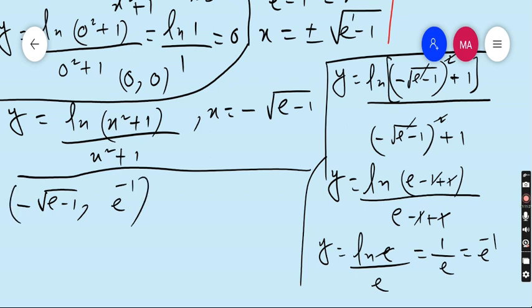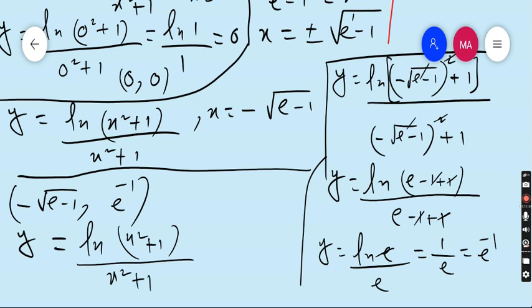Now find the third stationary point. The question is a little bit lengthy but very easy. Write the question again. ln(x² + 1) upon (x² + 1).